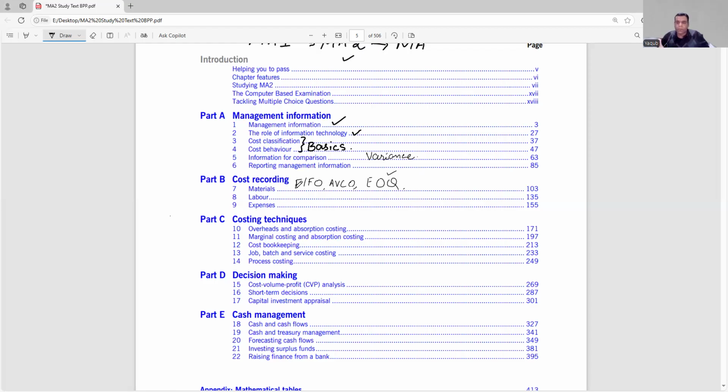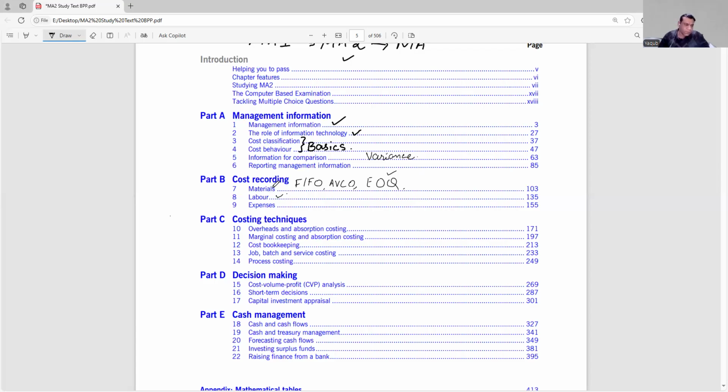Similarly, we will determine which depreciation method will give the lower depreciation, either the straight line method or the reducing balance method. So labor is also important. Then we have expenses, and after expenses, we have costing techniques.